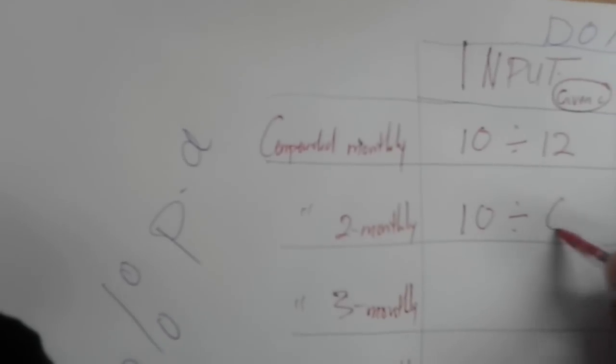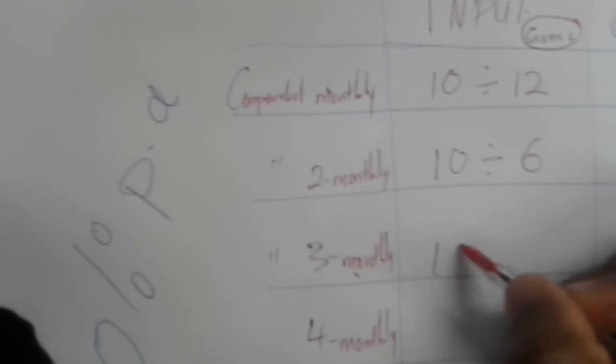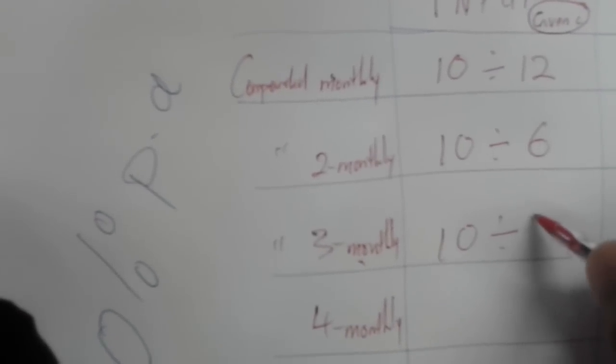If it's compounded 2 monthly, you say 10 divided by 6. 3 monthly, 10 divided by 4. 4 monthly, 10 divided by 3. Half yearly, 10 divided by 2. Yearly, you just say 10 because it's divided by 1.